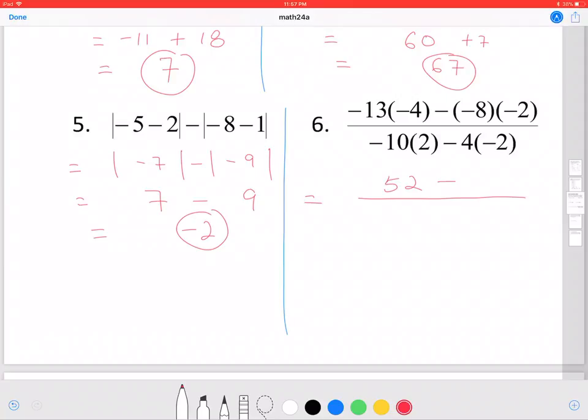Subtract, that subtraction comes down from the subtraction between the two groups, and negative 8 times negative 2 should give me positive 16. For the denominator, I have negative 10 times 2, so that will give me negative 20. Subtract 4 times negative 2 is negative 8.